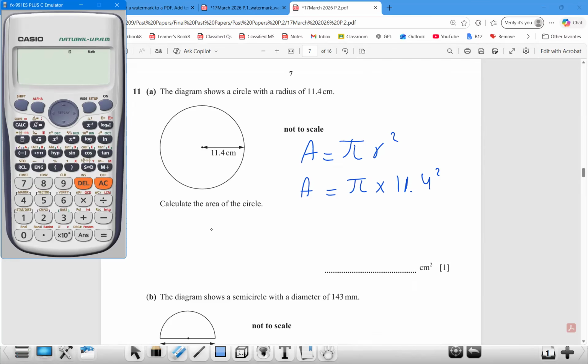It is pi multiplied by 11.4, but it is squared. This should give you 408.3. If you round it to 1 decimal place, like in the question, they've given you all the values in 1 decimal place. They haven't mentioned a specific degree of accuracy. So 408.3.